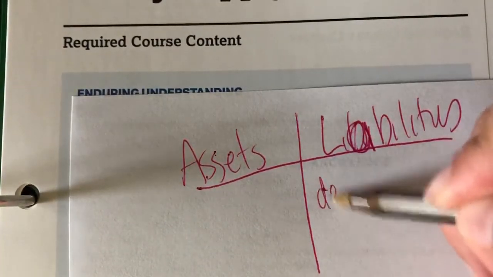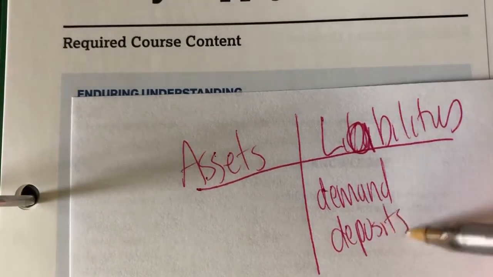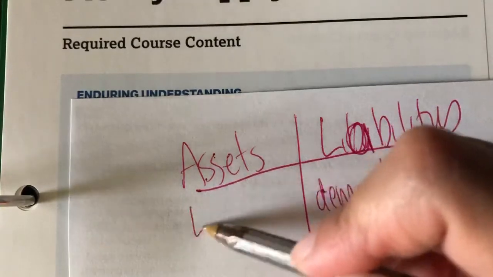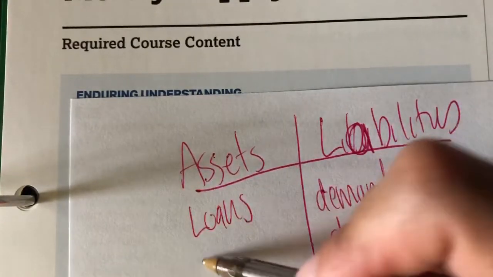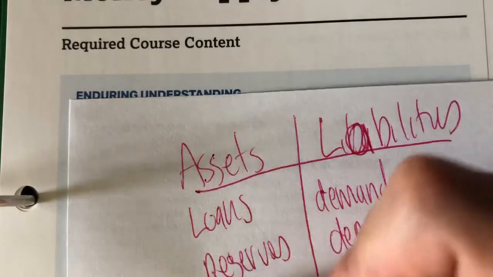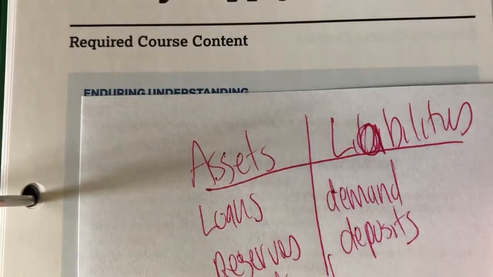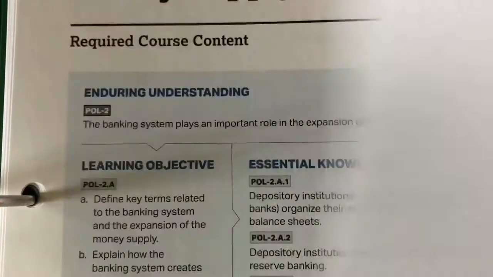So their demand deposits are their liabilities. Their assets are their loans and their reserves and bonds. And both sides equal each other. This side is going to equal this, okay? And we had looked at this in our T-charts.